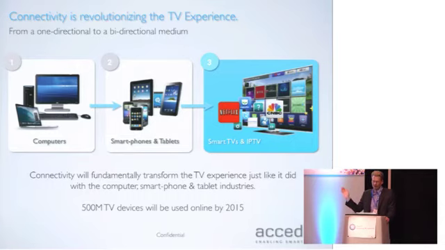To put this in context, there will be 500 million connected TV devices in the world in just 3 years. That is dwarfed by the total market of TVs, which is about 2.5 billion TVs active in the world. But 500 million connected TV devices is still a huge market globally.